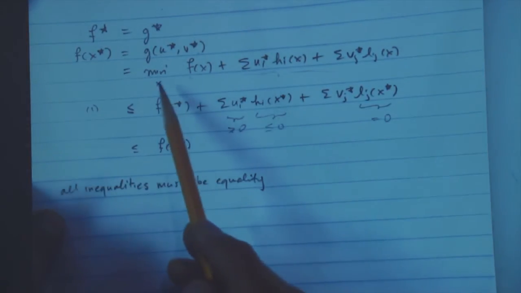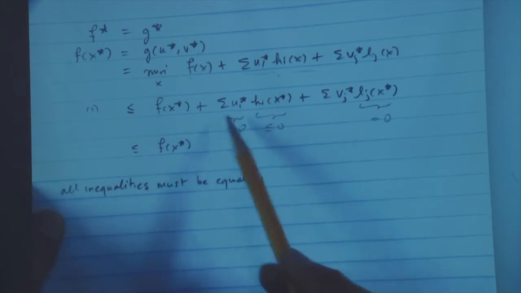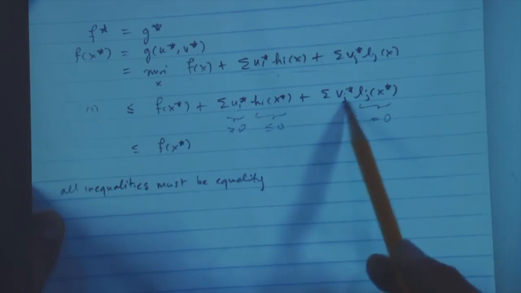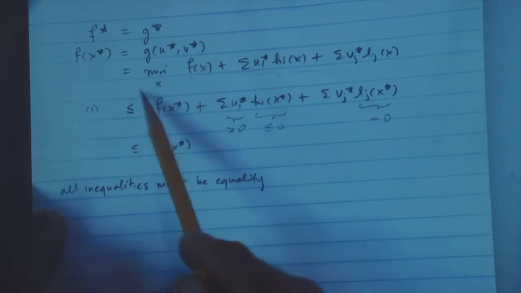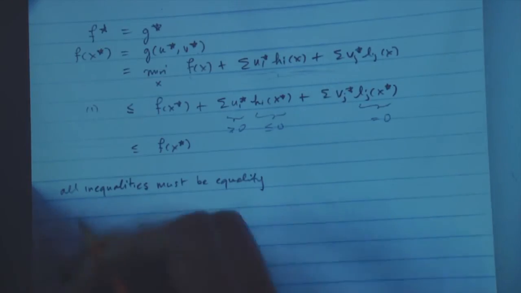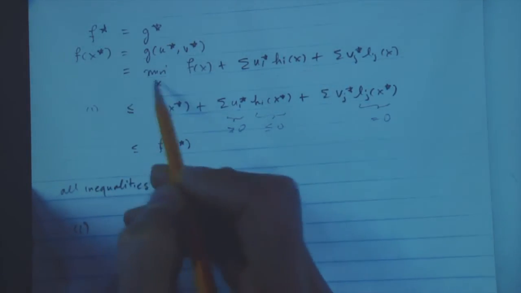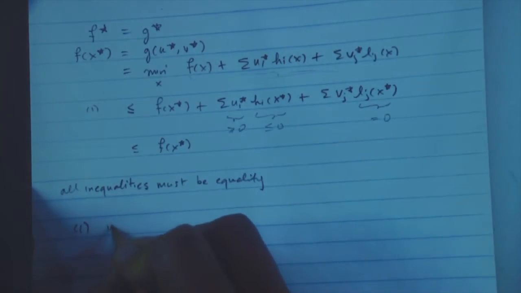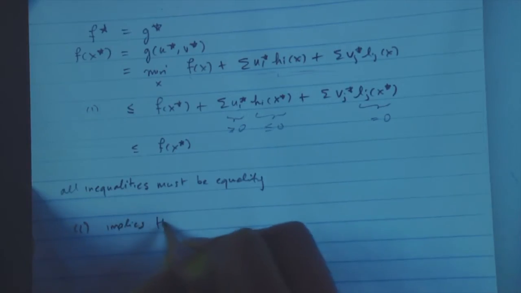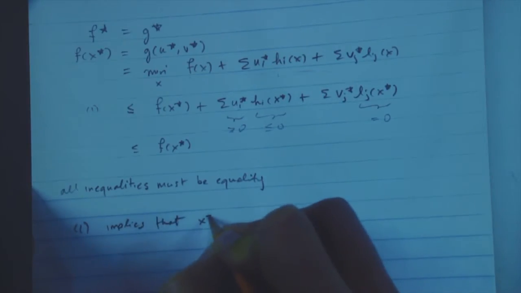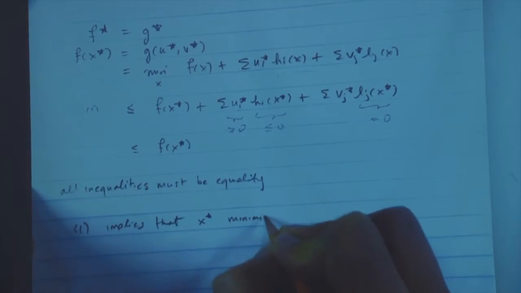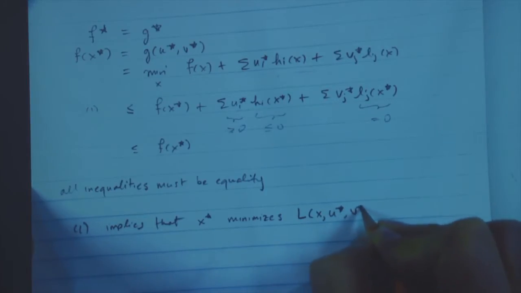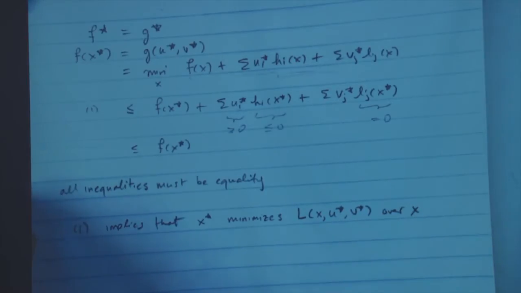So the fact that f of x star plus the sum of the dual variables times h_i of x star plus dual variables times l_j of x star is equal to the minimum of that over all x, the fact that this minimum is equal to what happens when I plug in x star, implies that x star minimizes the Lagrangian over x.